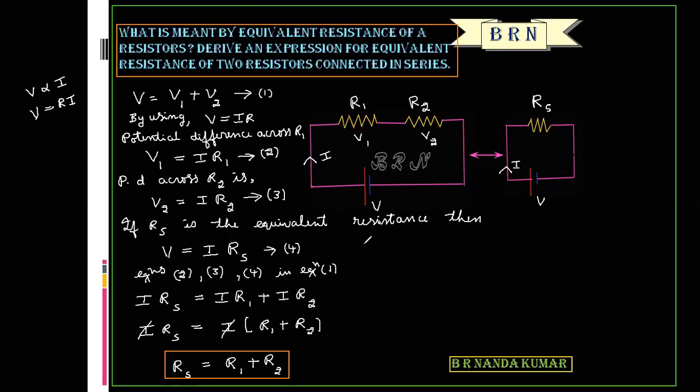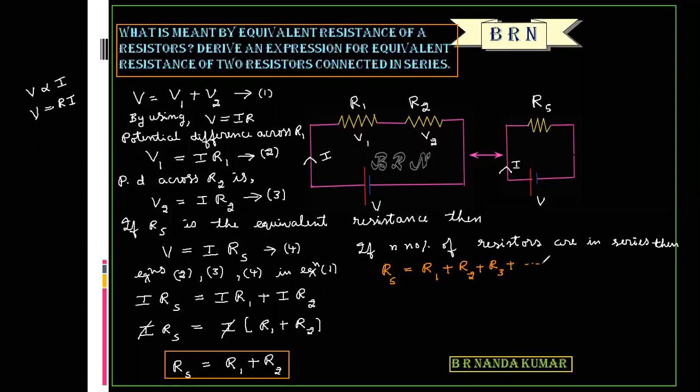That is important. If n number of resistors are connected in series, then the effective resistance R_s is equal to R1 plus R2 plus R3 and so on up to Rn.